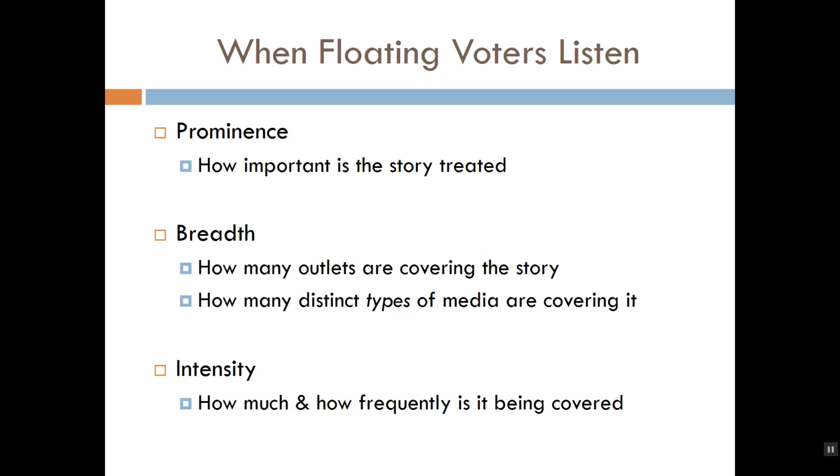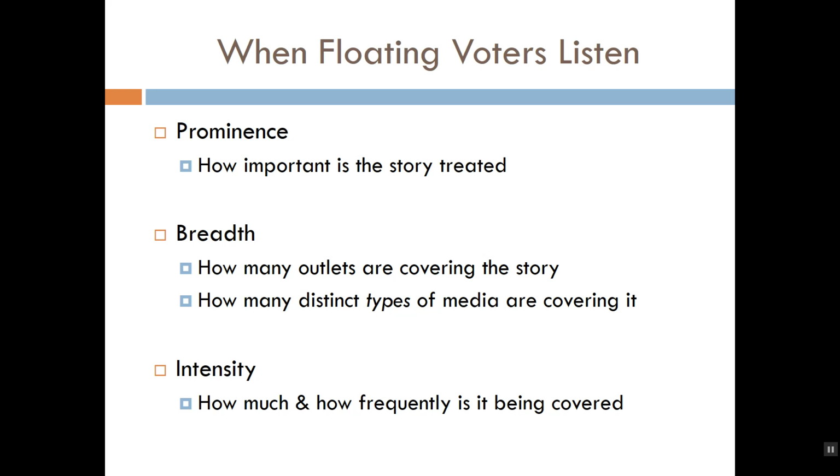Since it's reaching a much larger audience, the statistical probability that at least one member of that audience is a floating voter increases as well. If you're only broadcasting a story on one obscure internet blog, the only people in that audience are going to be those that peruse that particular blog. That's a very small group of people.